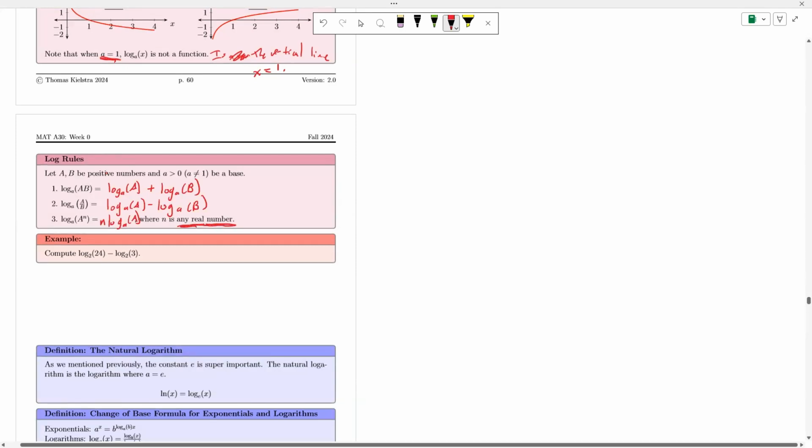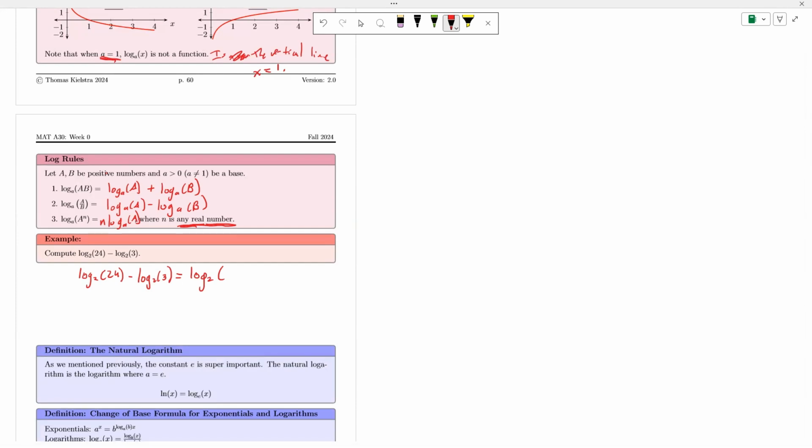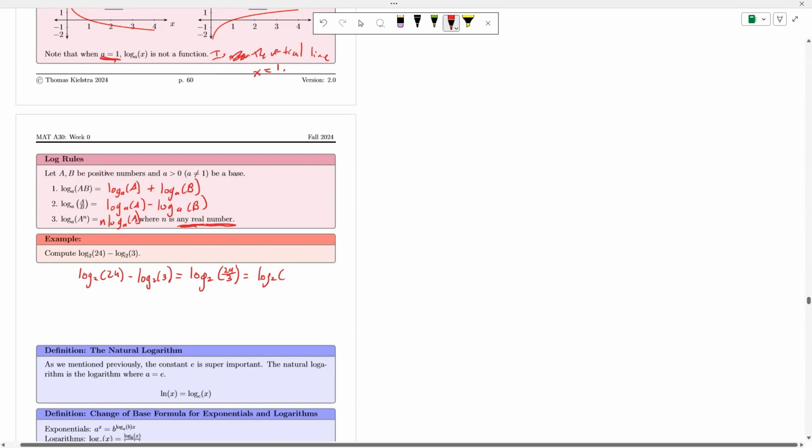Using this, we're going to compute what this expression is. So log base 2 of 24 minus log base 2 of 3 is equal to log base 2 of 24 over 3 by rule 2, which is equal to log base 2 of 8. Now, 8 is 2 to the 3.